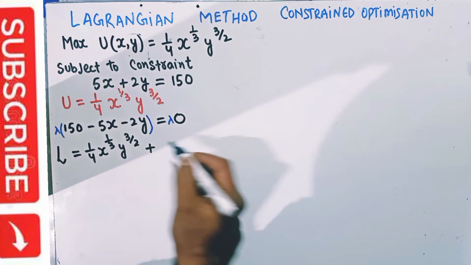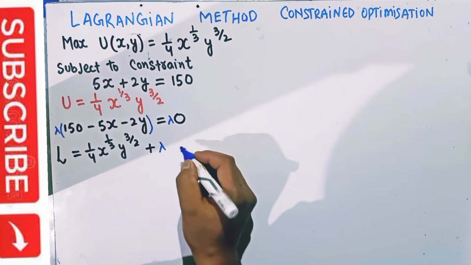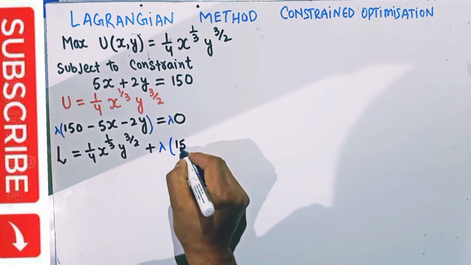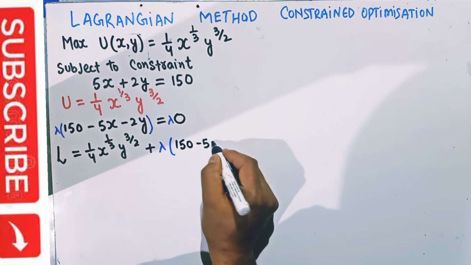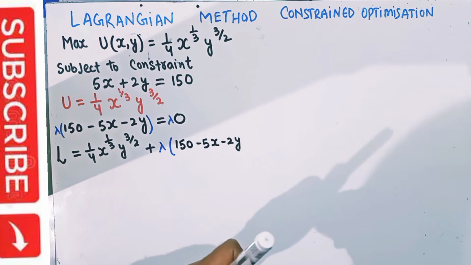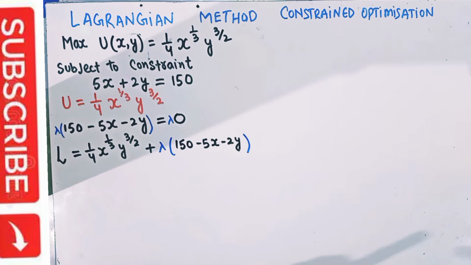We add to this utility function the resulting constraint, that is lambda times 150 minus 5x minus 2y. This is our Lagrange's function.